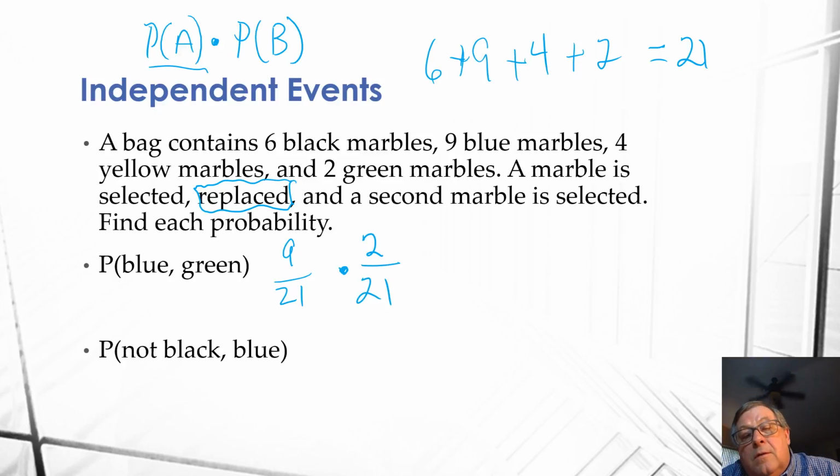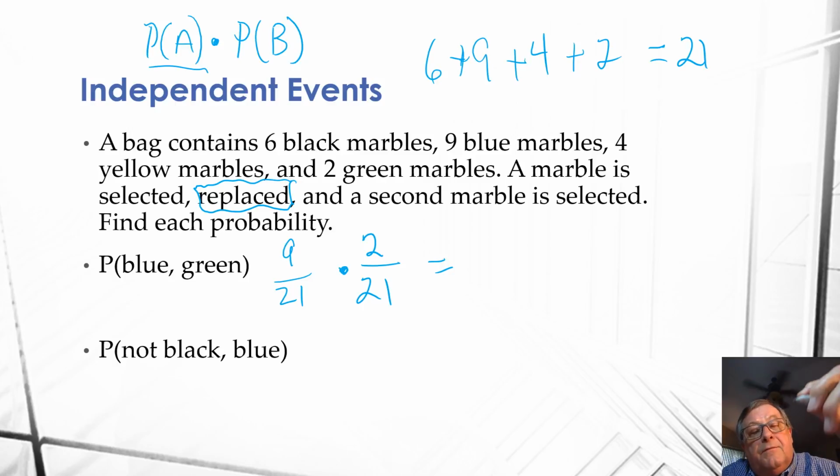And so the probability of drawing a blue and a green after replacing the first draw is 9 over 21 times 2 over 21. So 9 times 2 is 18. What's 21 squared? 441.